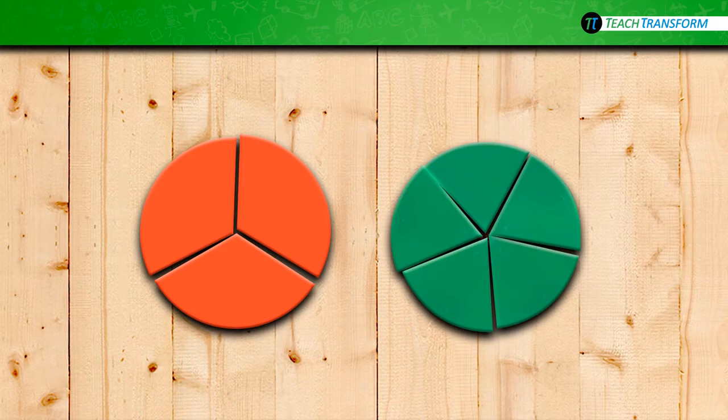Remember that partitioning means to divide the whole into equal sized parts. So make your parts as equal size as you can. Use a pencil so you can erase if you need to. And then you can also adjust your models if you need to. So pause the video, adjust your manipulatives to match mine, and then partition the circles in part 1.